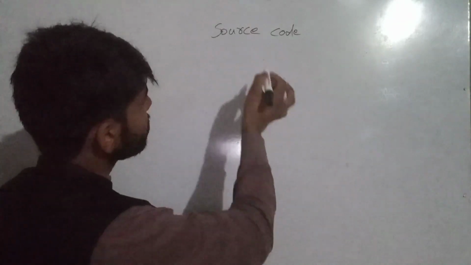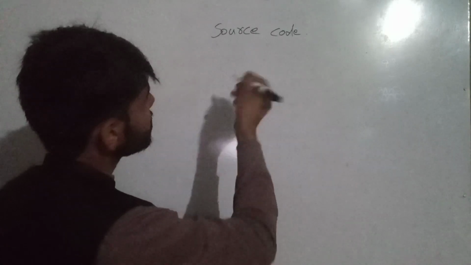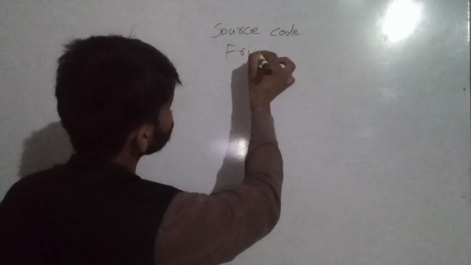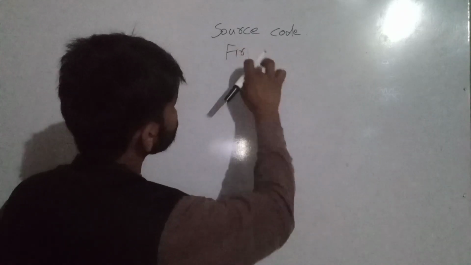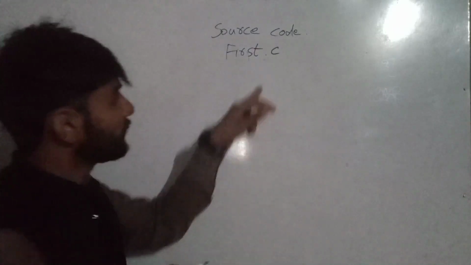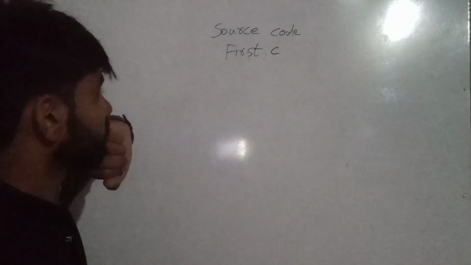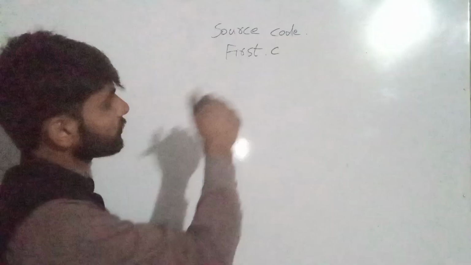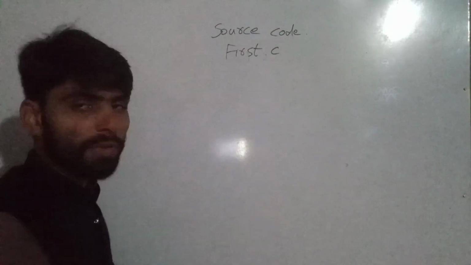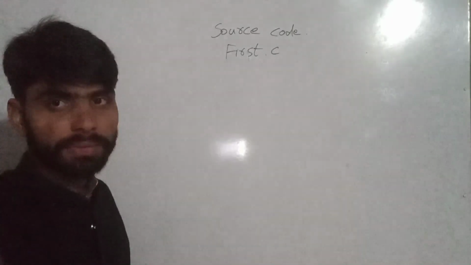When you save this code, you save it as first.c, with the extension .c. When you save the code, we start the process of execution.